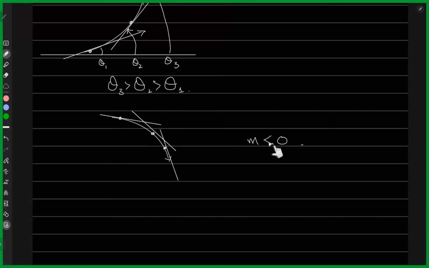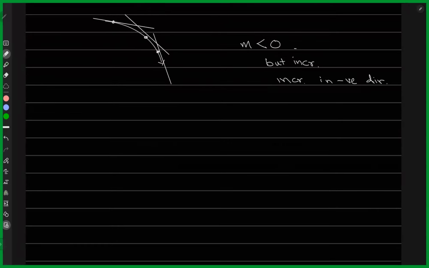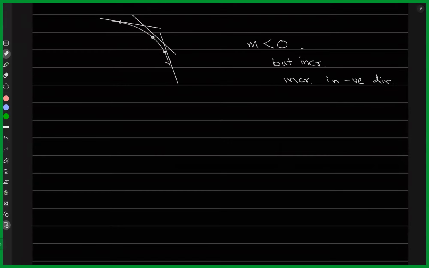So the gradient is less than 0, as a negative, but it is increasing. So it means it is increasing in the negative direction, right?